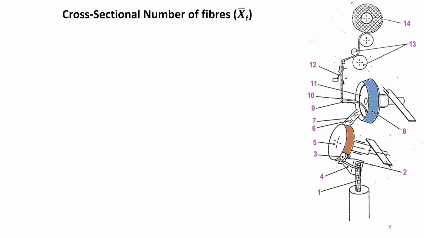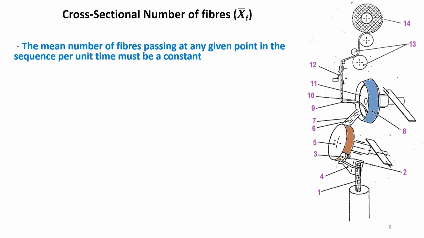Now, try to understand the number of fibers in the cross section at any point of time. The mean number of fibers passing at any given point in the sequence per unit time must be constant. That is the mass flow, constant mass flow, which means at any point the number of fibers passing will be constant.